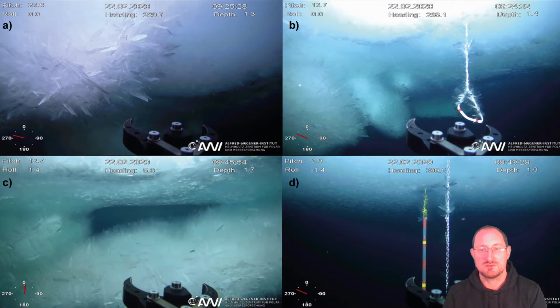Here you see a few pictures of how these crystals grow on blocks of ridges, on anything deployed into the ocean, on all kinds of different features, and also within some cavities. So there was clearly platelet ice around during our time there, and we could document it for a long period of time.